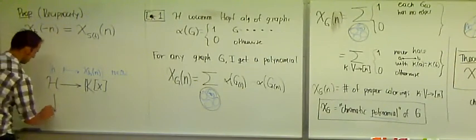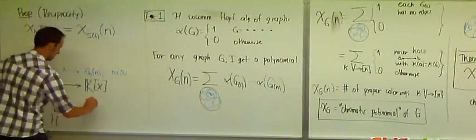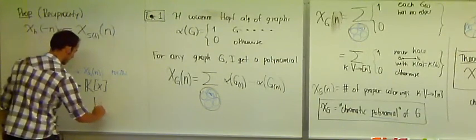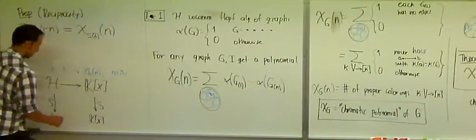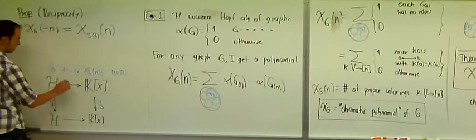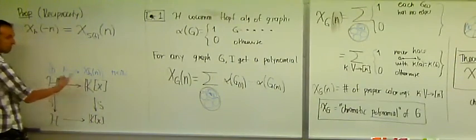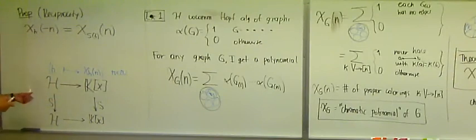Meaning that we have the antipode from H to H. We have the antipode from K of X to K of X. Okay. And so this diagram has to commute if this is supposed to be a morphism of Hopf algebras, right?